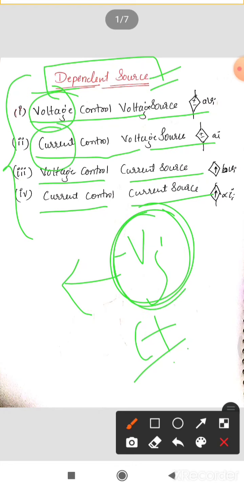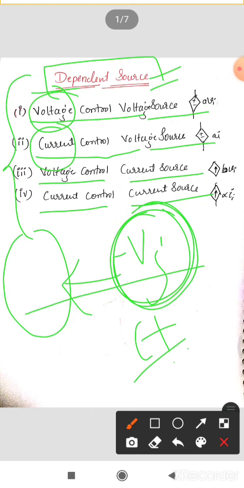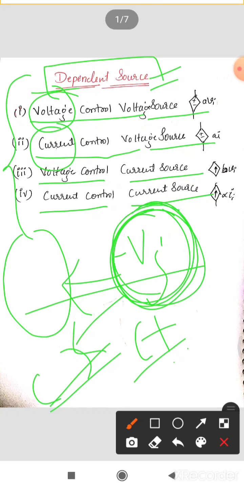If this voltage source is dependent on a voltage of any other element in the network, then it is called a voltage controlled voltage source. Similarly, this voltage source may be dependent on some current of other branches in the same network. Then this voltage source is called a current controlled voltage source.